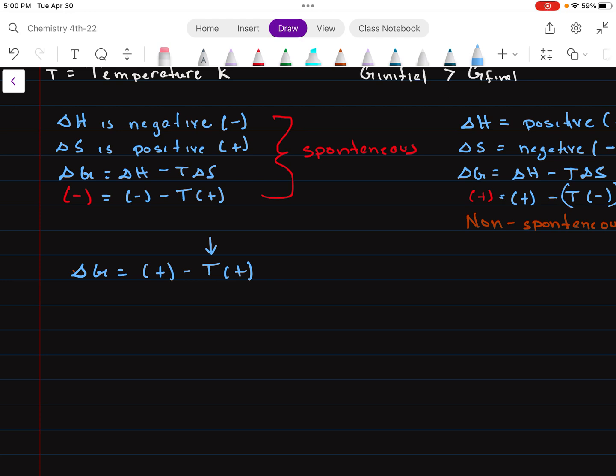So when T delta S is greater than delta H, then delta G is negative. So this has to happen at high temperature.